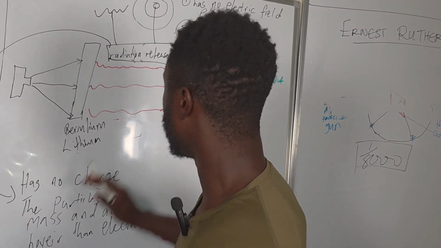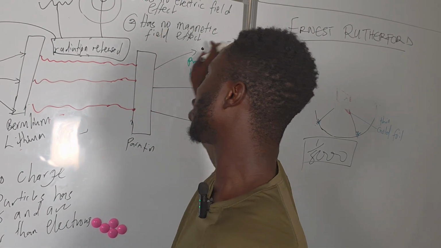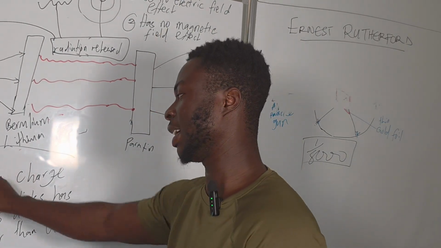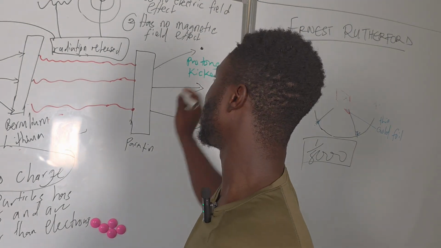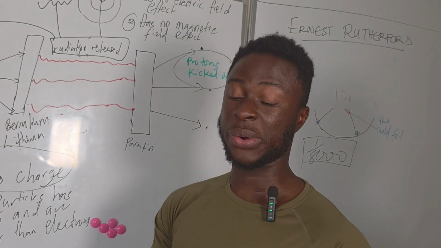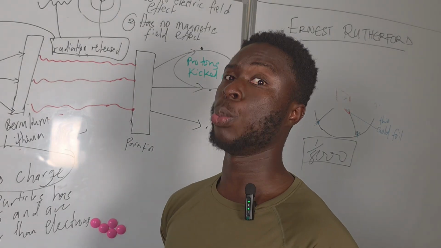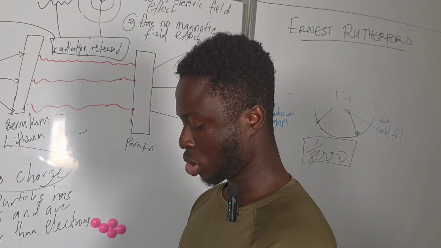So now that was established: it has no electric field effect, no magnetic field effect, meaning it has no charge. And being that it was able to kick out protons, it has mass, and the mass has to be equivalent, if not the same or more than the mass of a proton.